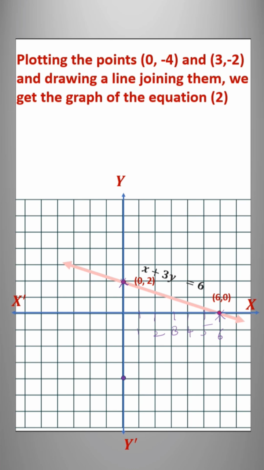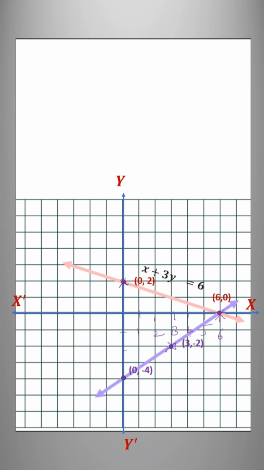Where it is negative of 4, it is down here: 1, 2, 3, 4, this point. And (3, -2): this is 3, this is negative of 2, here it comes. Now let us join the points by a straight line which represents equation number 2.